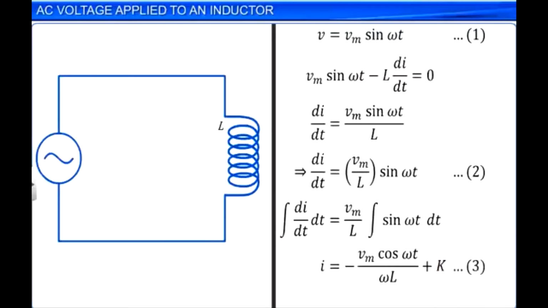Since we know that the voltage source is supplying a time-dependent voltage, which is symmetric about zero, we can assume the same to be true of the current. Hence, we take the constant of integration as 0. Hence, equation 3 can be written as I equal to minus Vm cos omega t by omega L. Let this be equation 4.